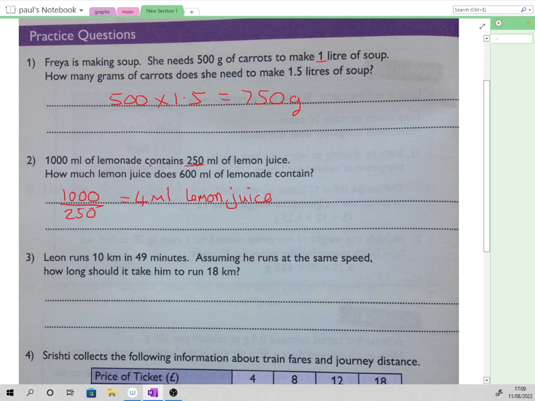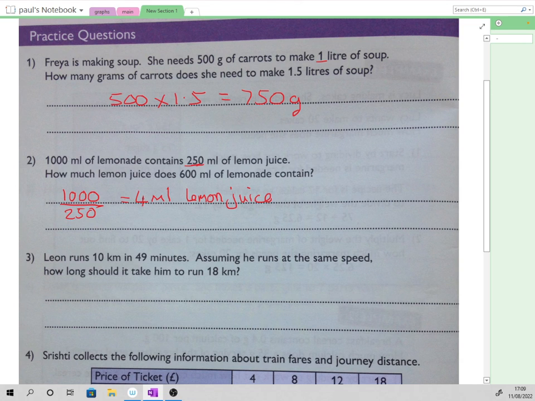Ooh, what have I done there? Oh, this is complicated, isn't it? 250 of lemon juice, 150 of lemon. So if we divide that by 4. Why did I divide that by 4? Divided it by 250.